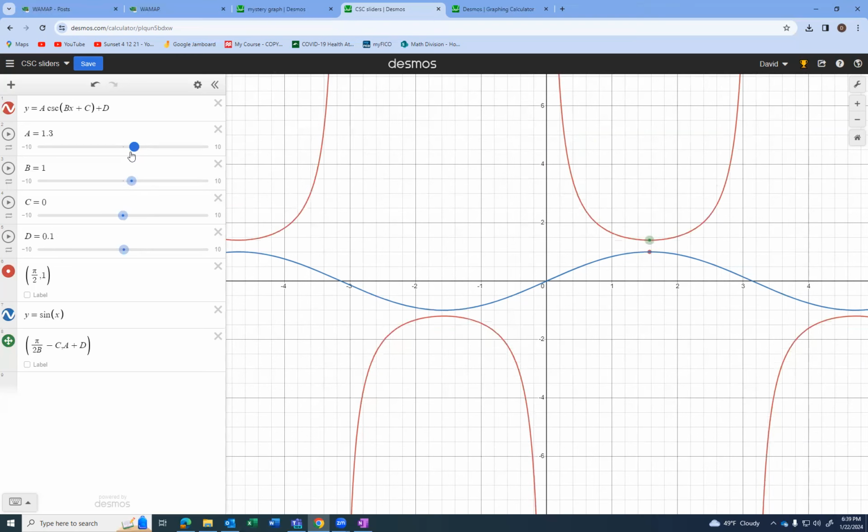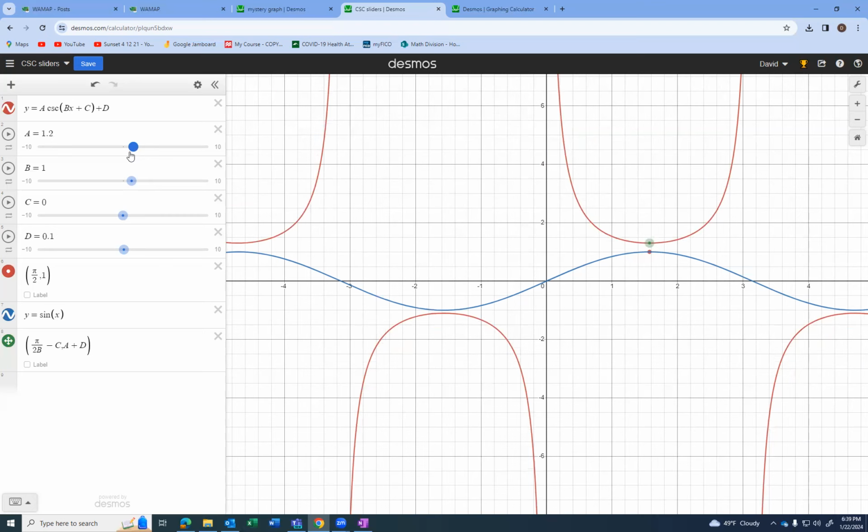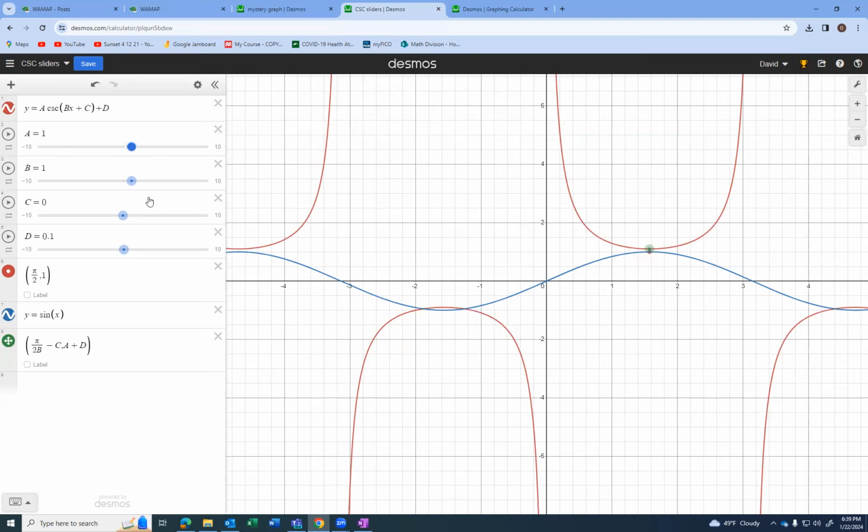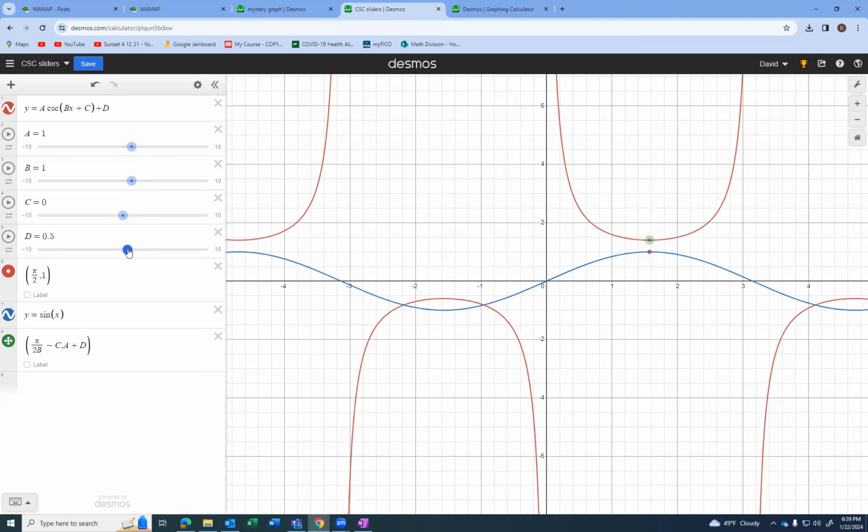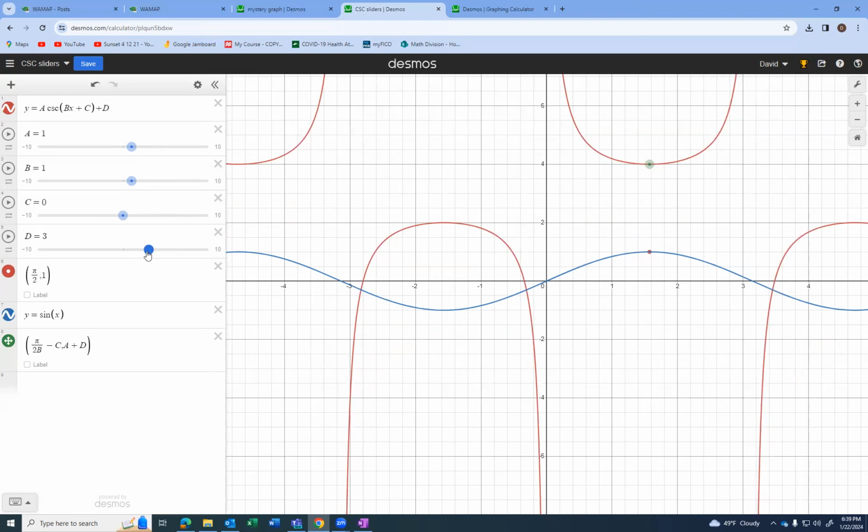Let's see, I want A to be 1 again. There's A equals 1. And if I move D to 2 or 3, D is 3. If you look at the difference here, my y point here with the red dot was at y equals 1. And now my y value is up here at y equals 4.